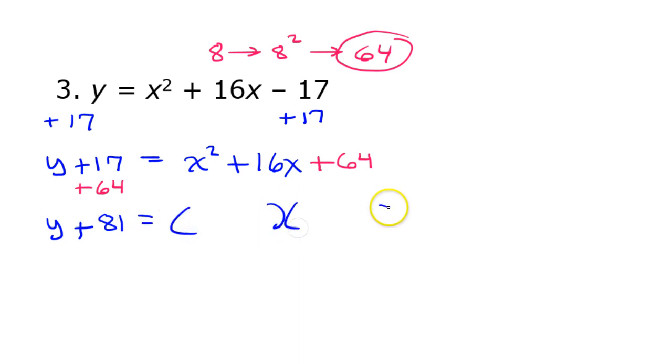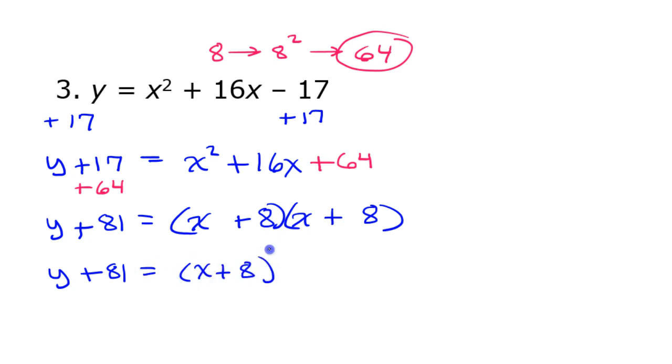This will always factor as the same thing twice. So clearly x times x, 64, that's 8 times 8. The positive right here tells you that these will be positive. So that leaves me with y plus 81 is equal to x plus 8 squared.